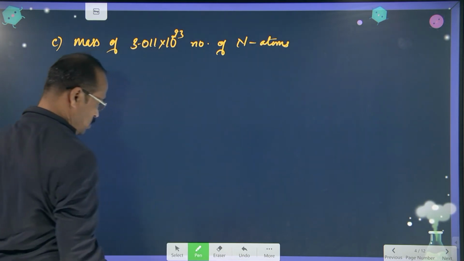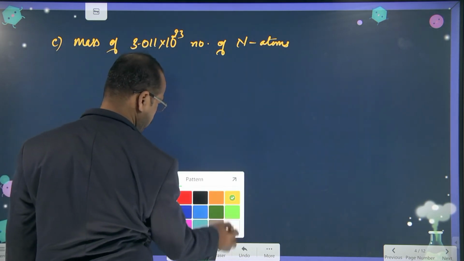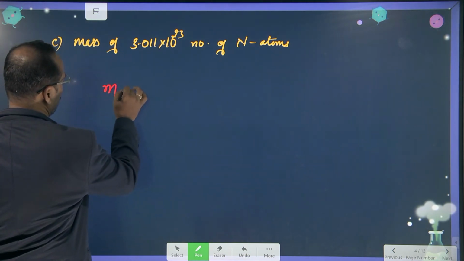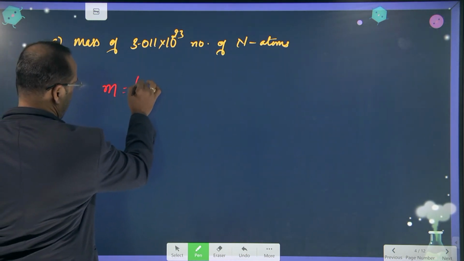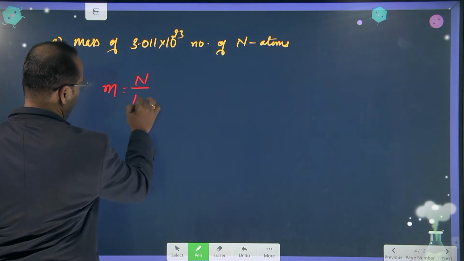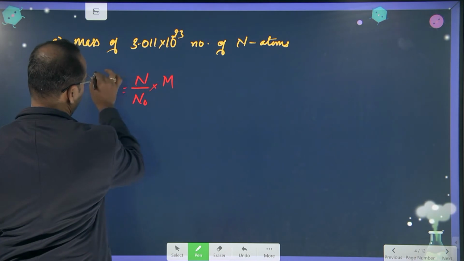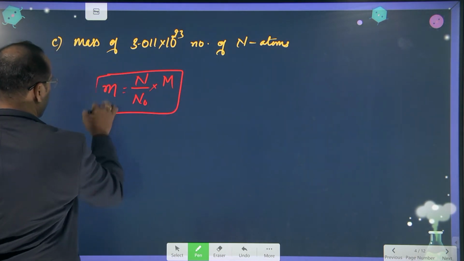The formula I told you is mass is equal to N by N naught into capital M.